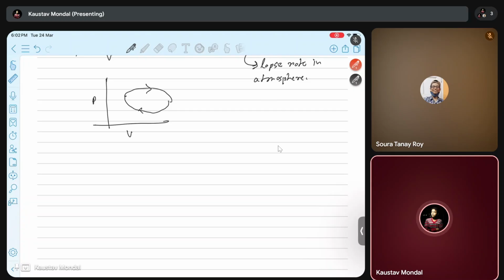One of the properties is that the change in internal energy, delta U, should be equal to 0 for a cyclic process. That means the work done, delta W, is equal to delta Q. So the heat input Q input minus Q output will be the net work done for a cyclic process. Okay.